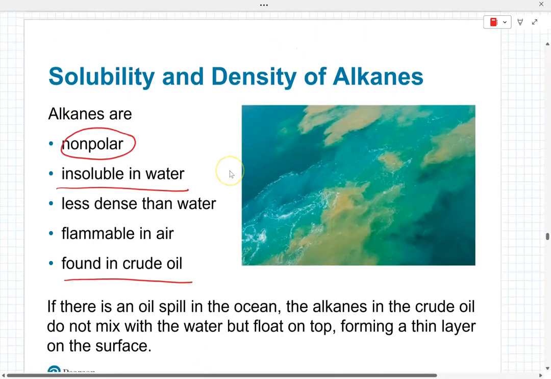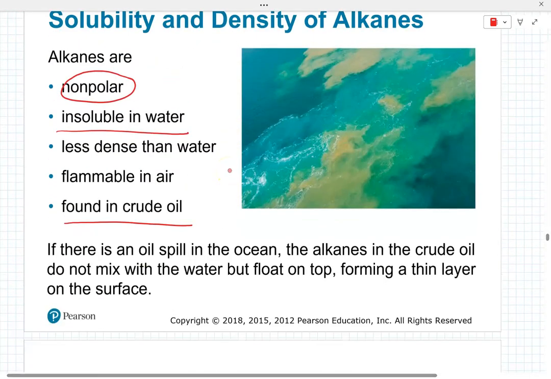Okay? So, the oil spills, what's the problem with them? Well, there are two problems. Less dense than water and insoluble in water. Since they are less dense, they form a film on the surface of water that restricts the access for oxygen.